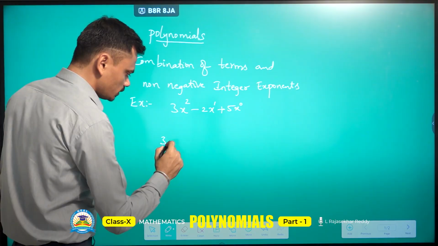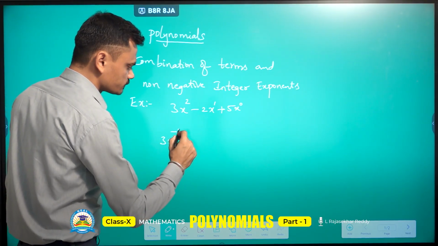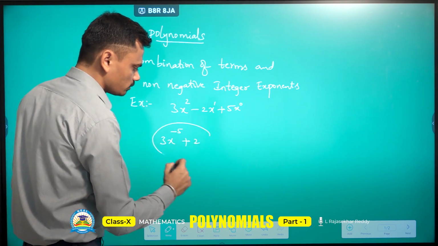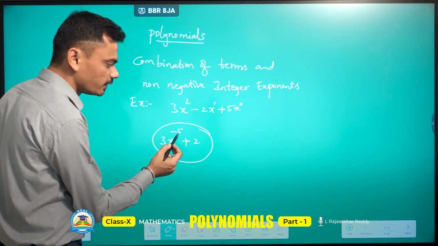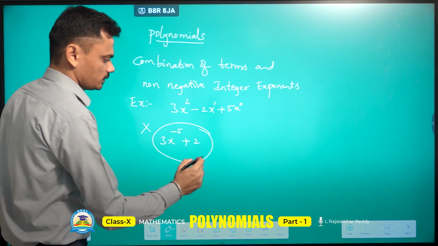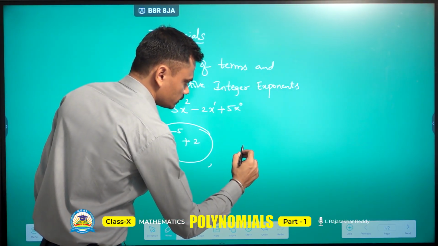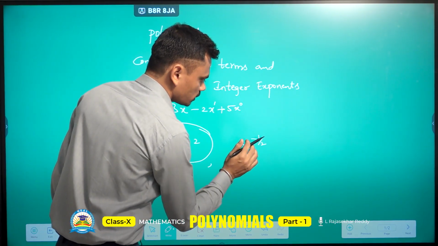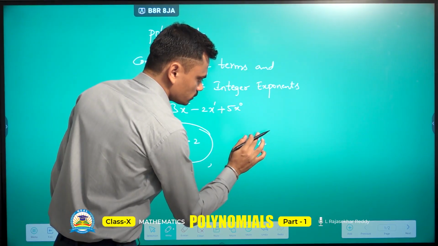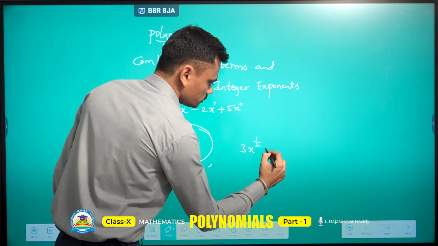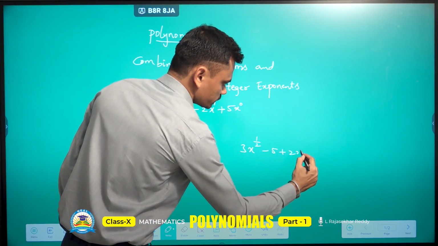Suppose 3x power minus 5 plus 2. This is not a polynomial because here the power is a negative integer. Next, I'll write 3x power 1 by 2 minus 5 plus 2x.